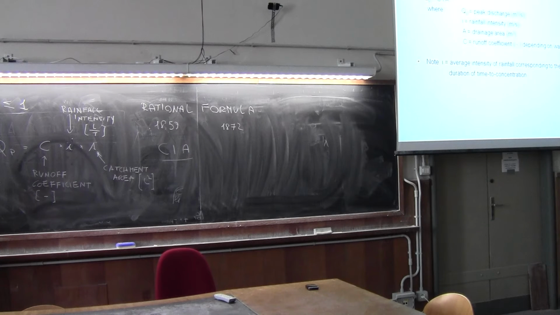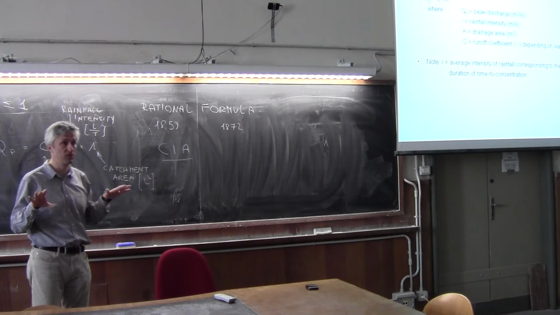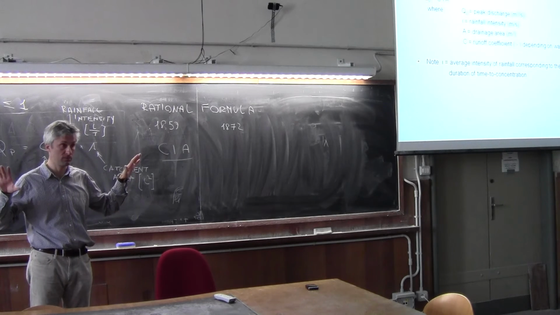Okay, I think we can move forward by keeping in mind this very simple but important model. And please take also into account that the rational formula is very often used. And as I said, if you have to provide a very quick and safe estimate of the peak flow, it is extremely useful.